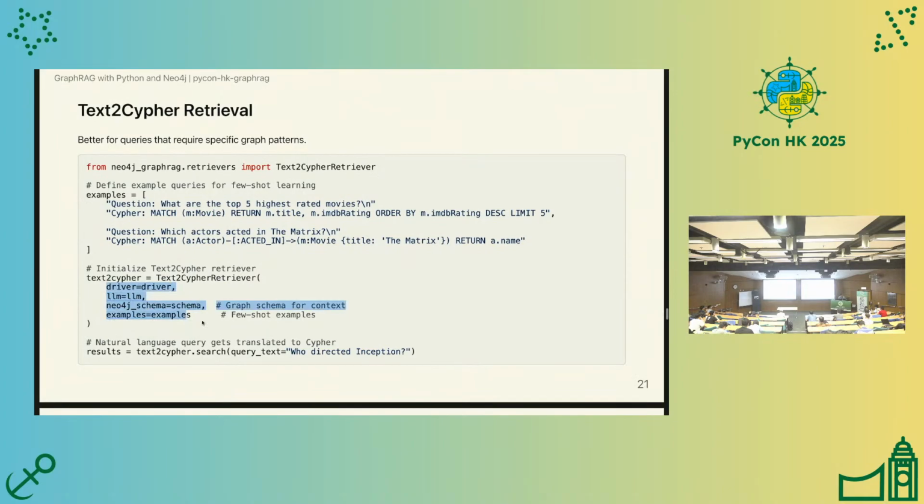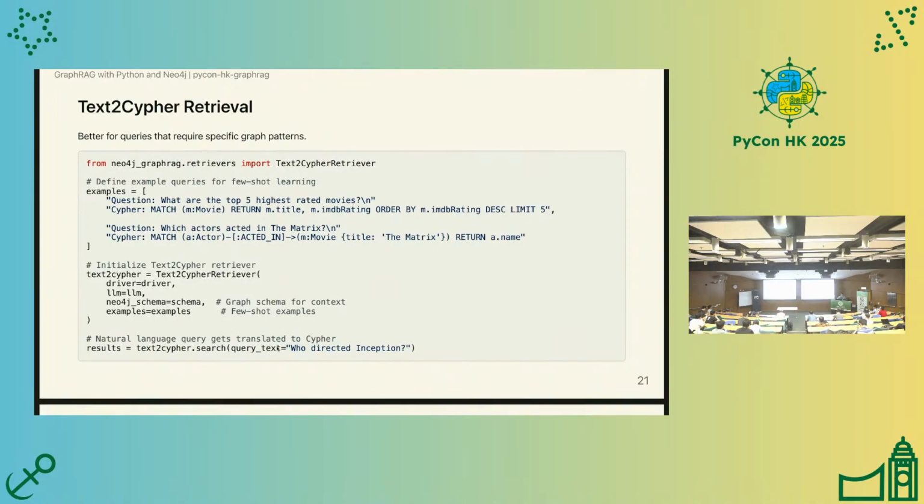And then after that, you can just use the search method to get results. These results are the things that LLMs read to answer questions. So we're not at the point where it's generating answers yet, but we're getting there.